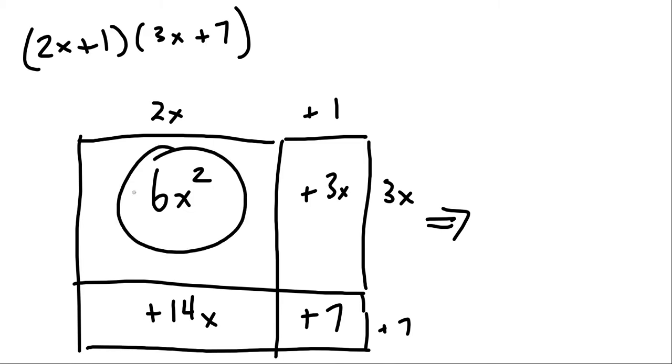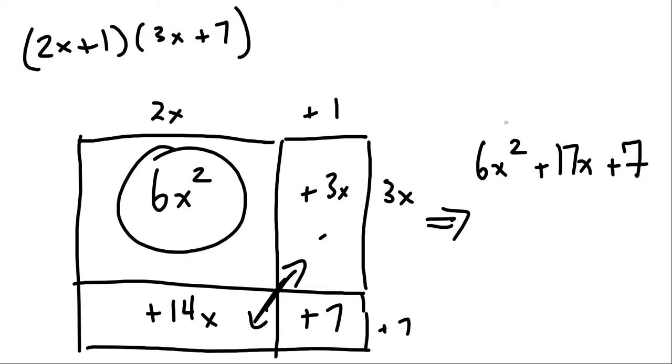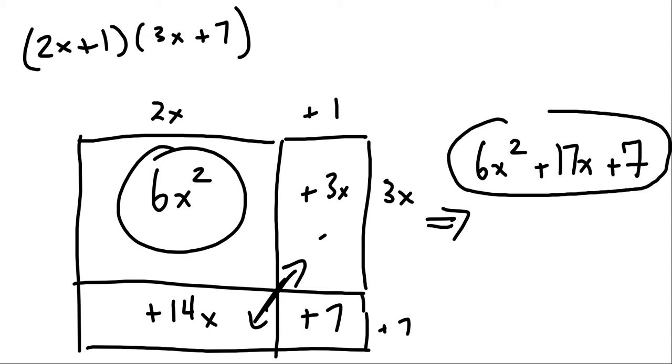This is the only thing that has an x squared, so we have 6x squared. These two are both x terms. There's 14x and 3x, so we get 17x plus 7. So we multiply, review from before, we can take an area model and make it into a thing we've talked about before in Math 10 Common. Voila.